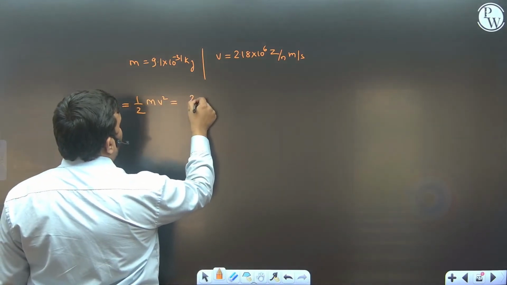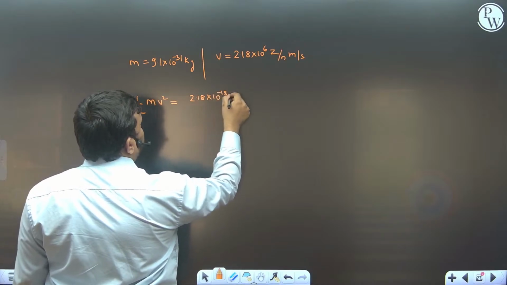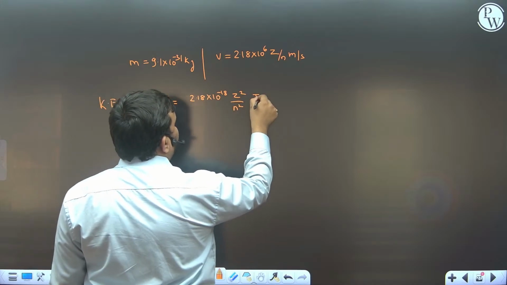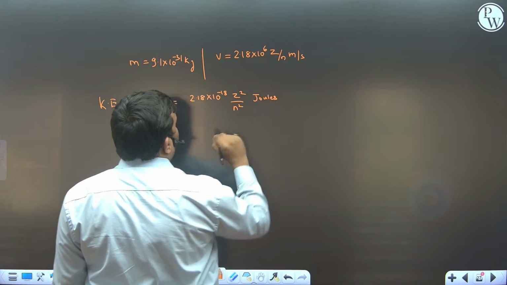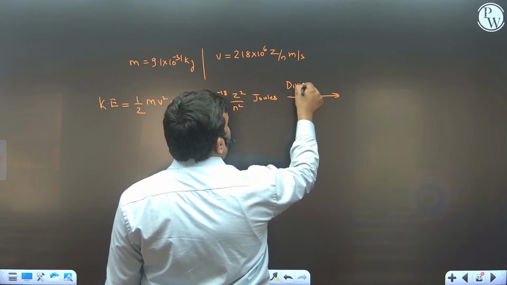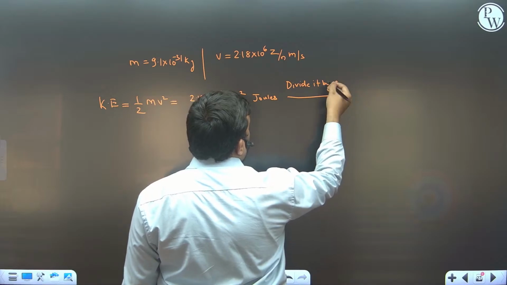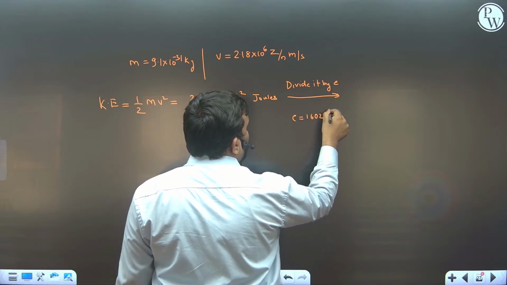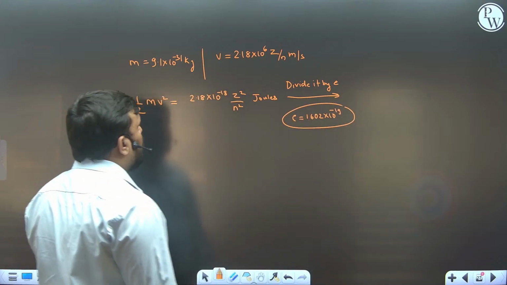It will be 2.18 into 10 to the power minus 18 Z²/n². Of course it will be in joules over here, and by dividing it by the charge value of electron, e is equal to 1.60 into 10 to the power minus 19, you can get the kinetic energy in electron volt as well.